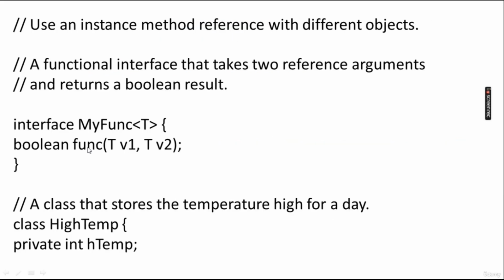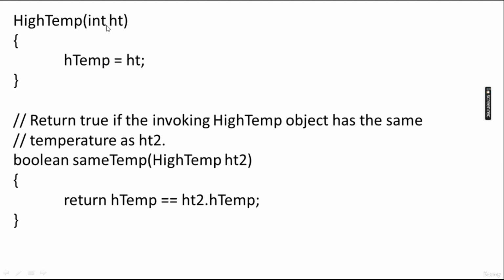Okay. So this is the generic functional interface: interface MyFunc<T>, boolean func(T v1, T v2), returning boolean true or false. The class HighTemp stores the high temperature for the day, with a private integer htemp. This is the parameterized constructor initialized with the high temperature.